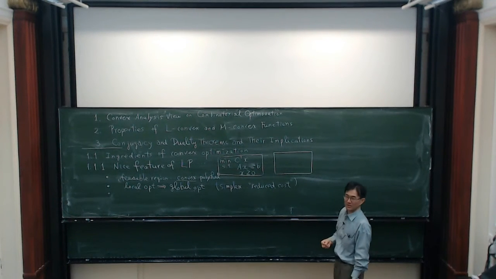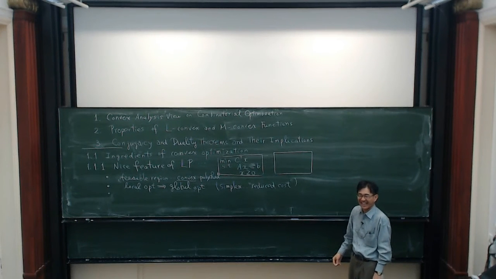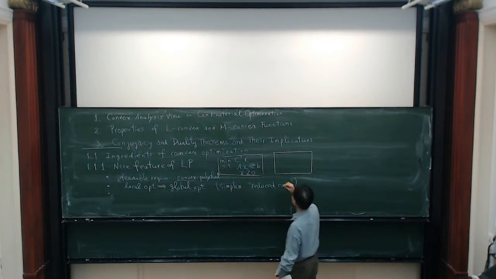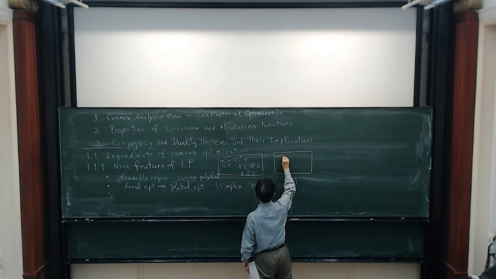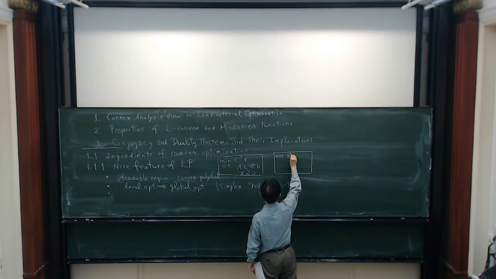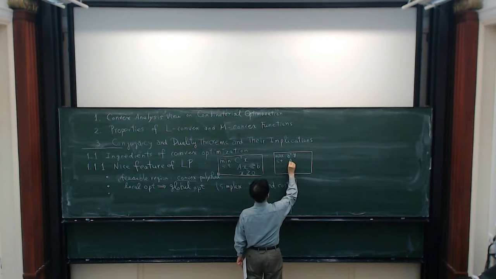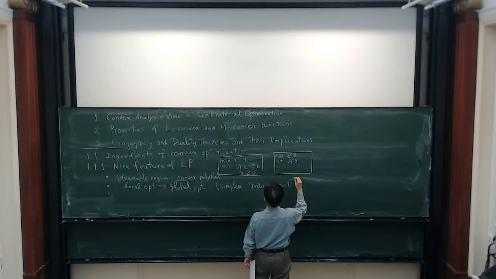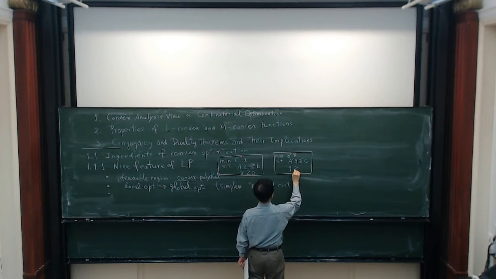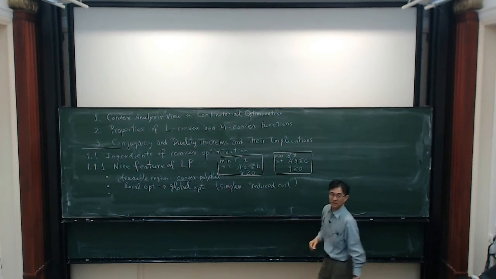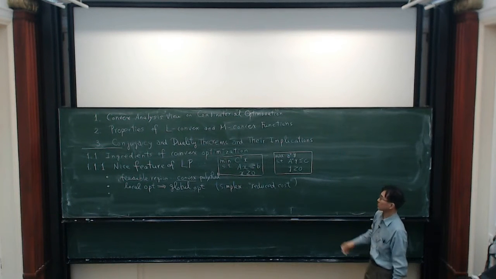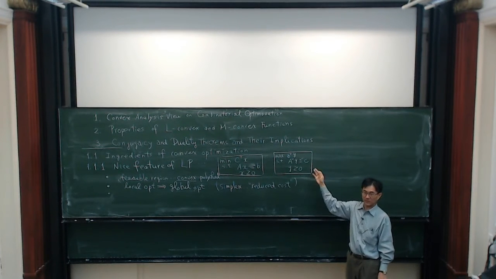It's dangerous for me to write because I'm going to make a mistake, but let's try. Maximize b times y subject to A transpose times y smaller than c and y. Okay, so this is called the dual program.